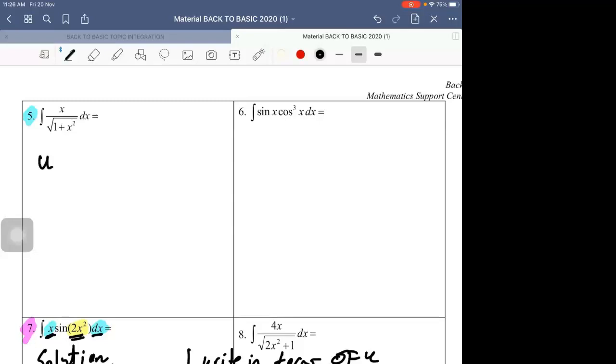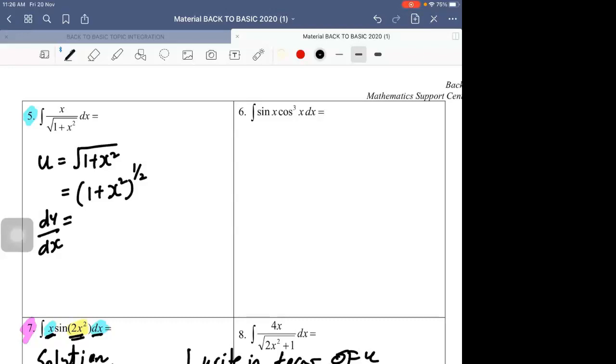So, u equal to square root 1 plus x squared. Okay? So, I rewrite in terms of this, 1 over 2. So, if you differentiate this, du dx, okay?